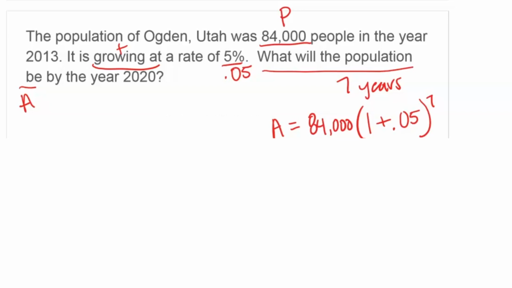So then we plug all of that into the calculator and we should get 118,196.435503. So that's the exact answer. But when we're talking about people, we're not going to have a fraction of people. So we'll just say 118,196 people by the year 2020.